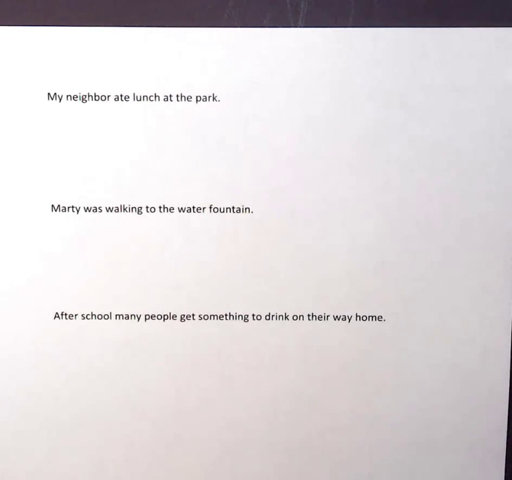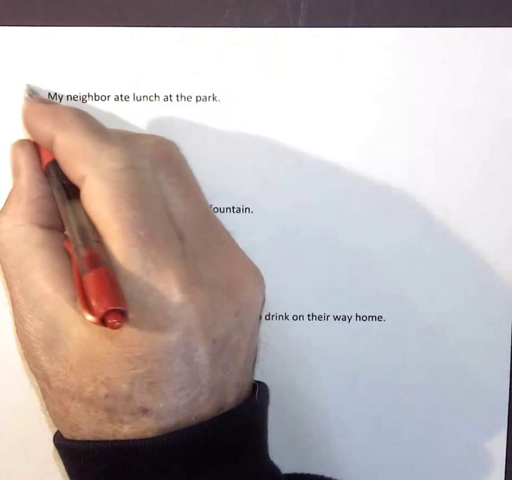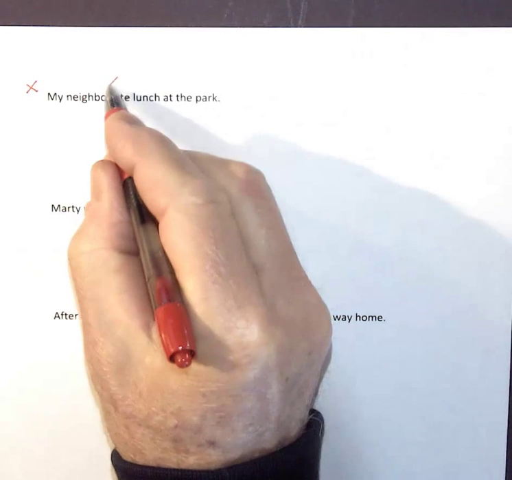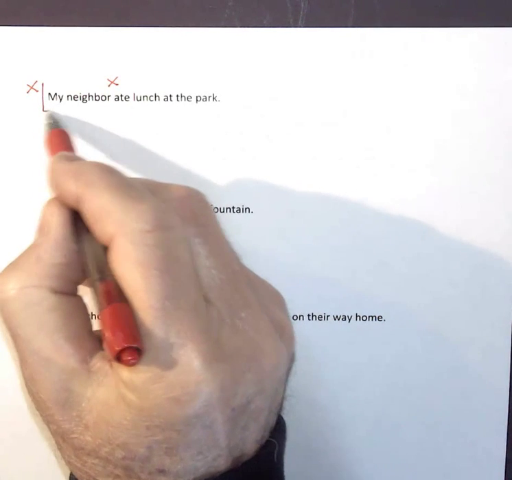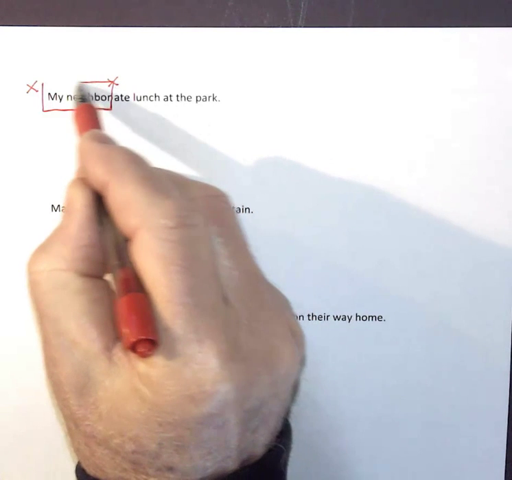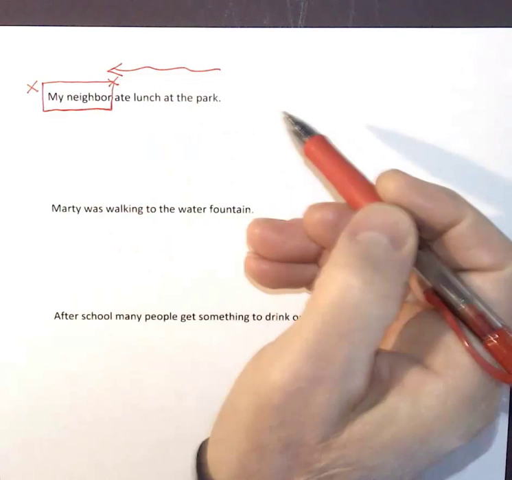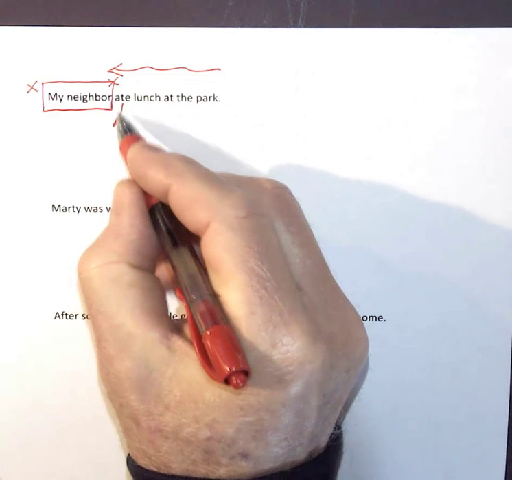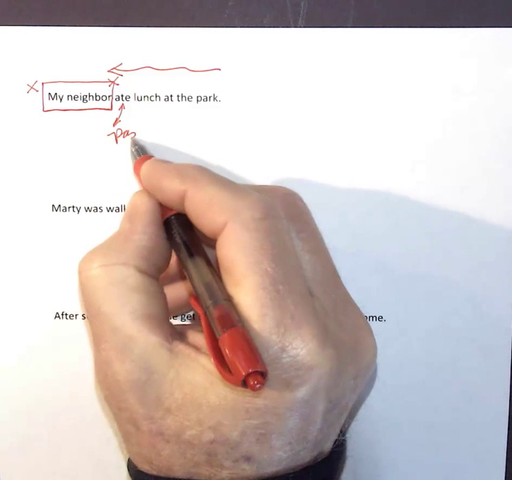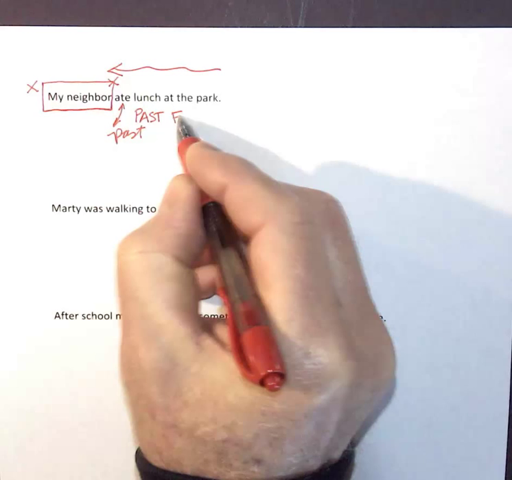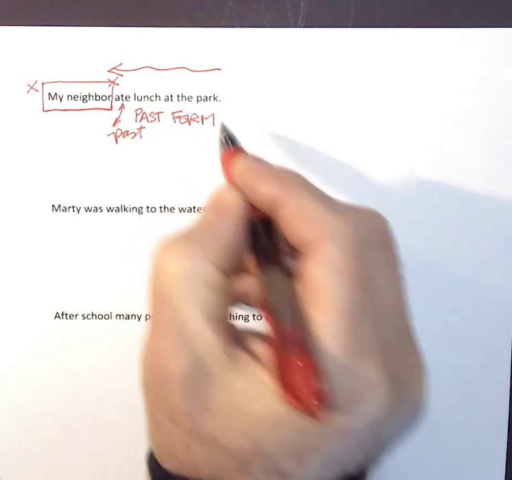It just explains where the eating takes place, not that your neighbor did this action there. So let's say there's no shifter. The X word is did. Did my neighbor eat lunch? My neighbor did not eat lunch. That makes my neighbor the subject. It's between the two X word places. Everything left is the predicate. Ate ties with the past. And that makes ate the past form of the verb.